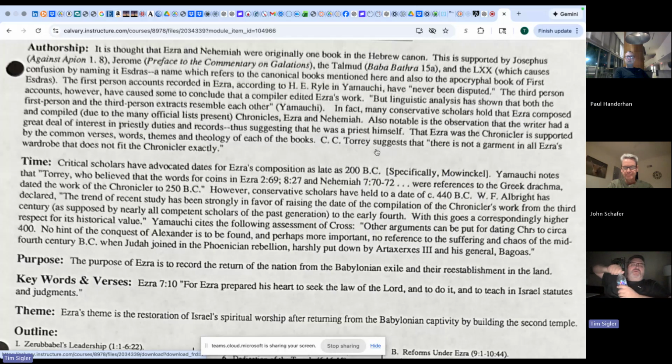And of course, your textbook will go further into this subject of authorship, but I thought it would be helpful for you to have these historical sources to know where to go in both Josephus and Jerome and the Talmud and the Septuagint if you'd like to go further on this.